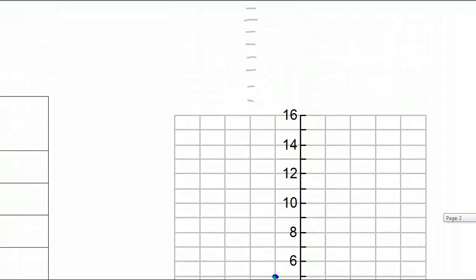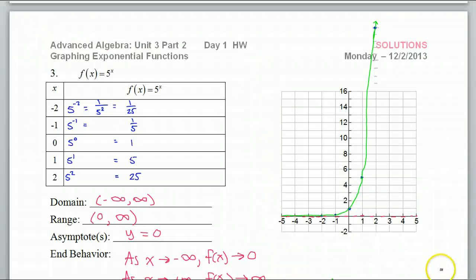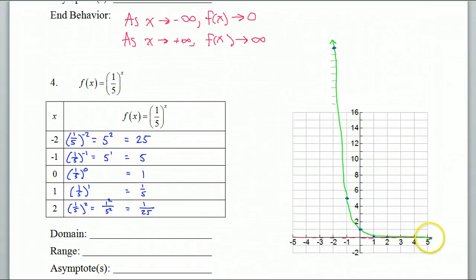Okay, and I don't know if I'm going to be able to do this. But the idea is it goes on up there. Nailed it. Okay, that is the idea, my friend. Okay, there's your graph as best as I can do.